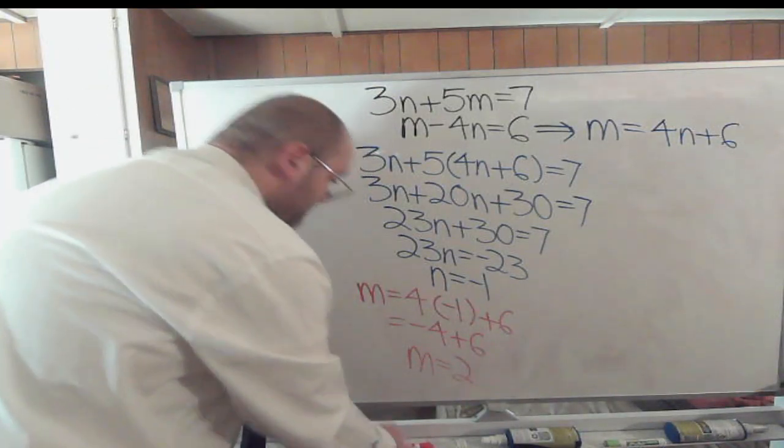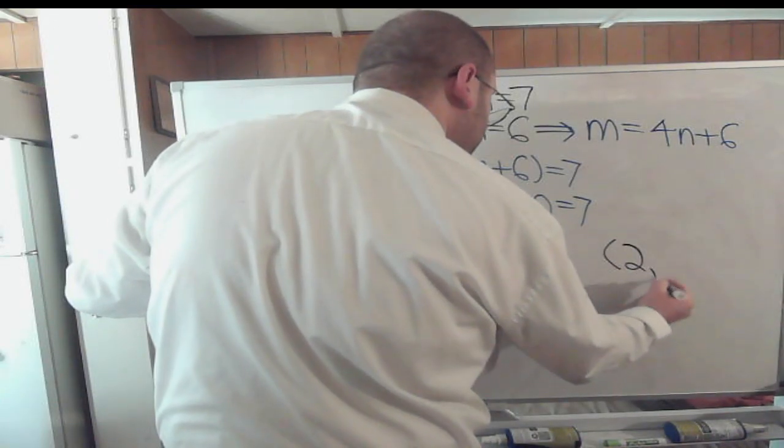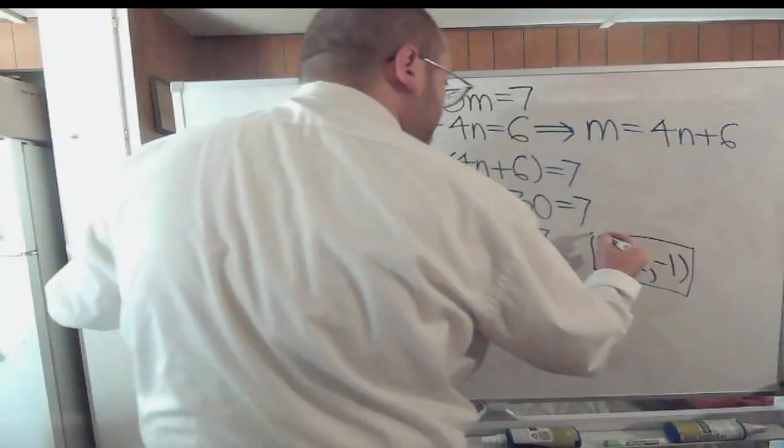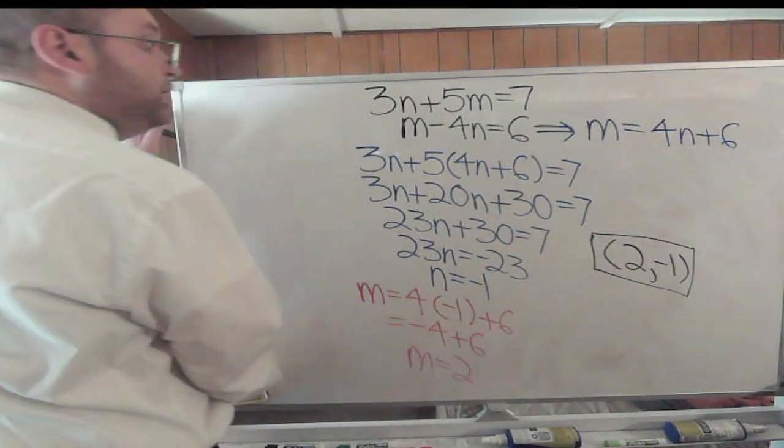So in the end, you'll get the coordinate 2, negative 1 as your point of intersection of these two lines. So you would end up getting 2, negative 1.